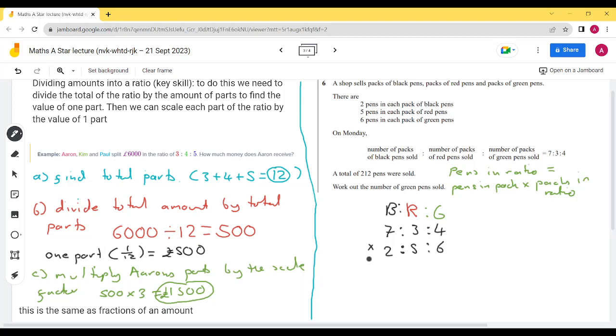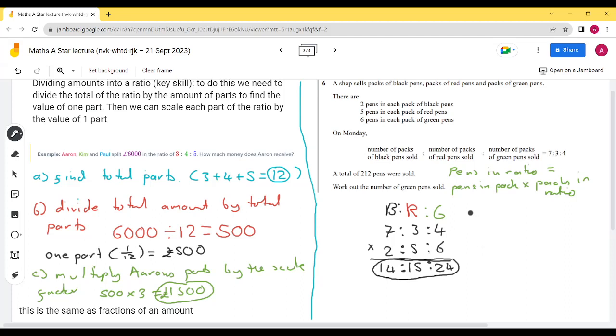In this case, it's not a scale factor, every type of pack has a different amount of pens. Black pens sold would be 7 packs times 2 pens, giving us 14. Red would be 3 packs times 5 pens, so 15. And the green, 4 packs times 6 pens, which is 24. This gives us our new ratio of 14 to 15 to 24.